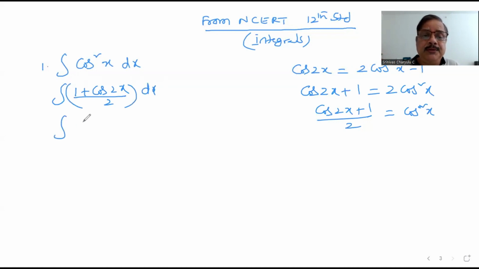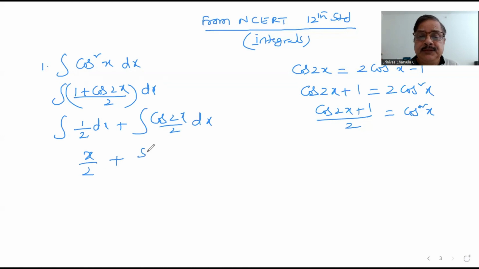Now you can distribute: integral of 1 by 2 dx and cos 2x by 2 dx. You should not forget these two. This gives x by 2. The integration of cos 2x, I think we have already done, is sin 2x by 2.